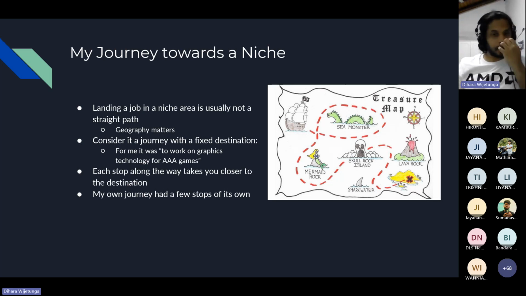For example, in my case, in graphics, you have internship positions in game studios or AMD or whatever in the US and in Europe, but they will not hire people from Asia, for example from Sri Lanka, because they would have to sponsor a visa, which is not a worthy investment for them, to sponsor someone who's just going to be there for 6 months or something like that.